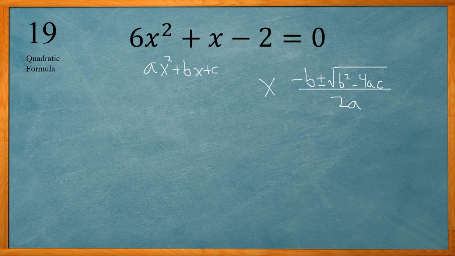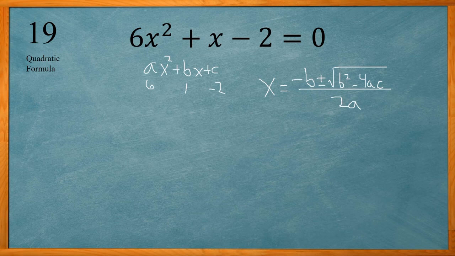X equals that. So if you plug in your numbers for a, b, and c, you can solve. So remember, our a is 6, b is 1, our c is -2.